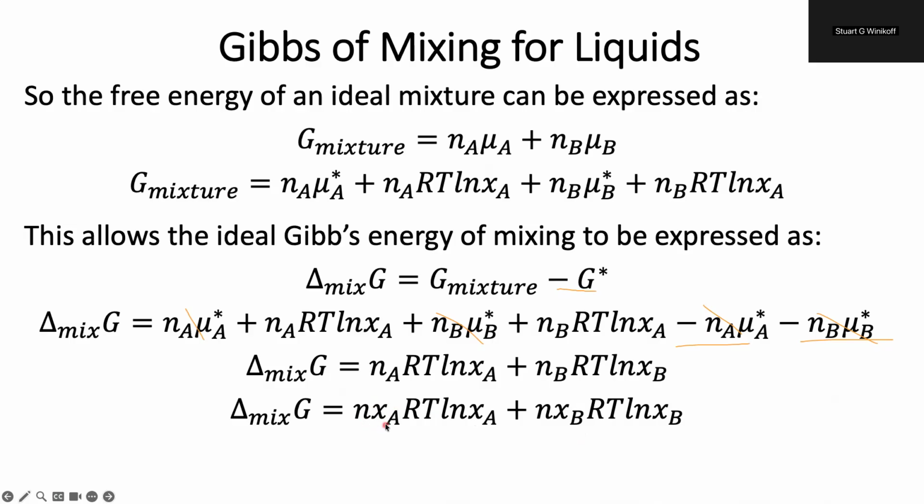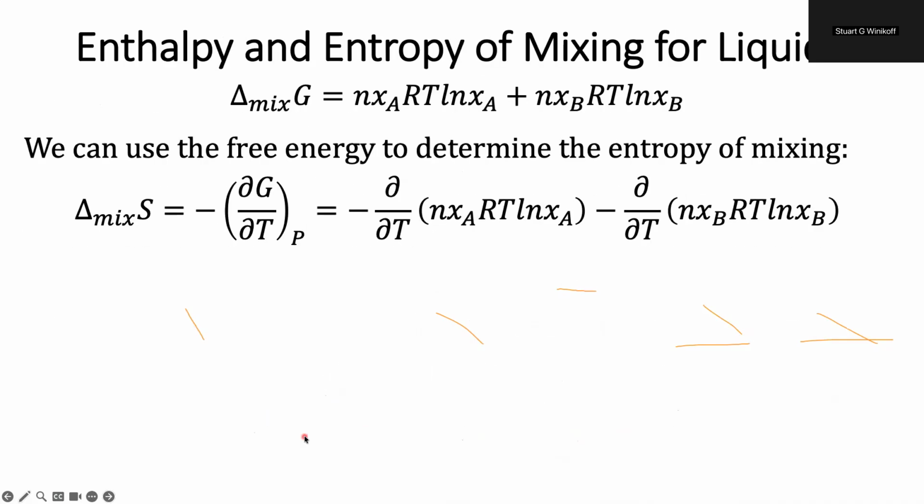So instead, it's defined by the temperature and the mole fraction of A, and the second term by the temperature and the mole fraction of B, and again these mole fractions are correlated. This gives me a nice condensed way of looking at the free energy of mixing for an ideal system.